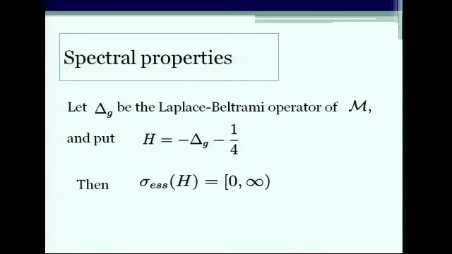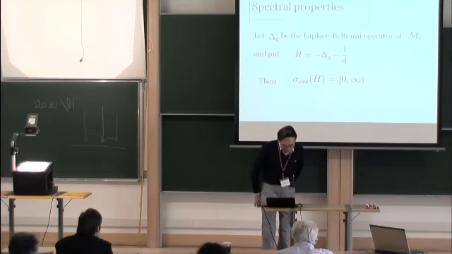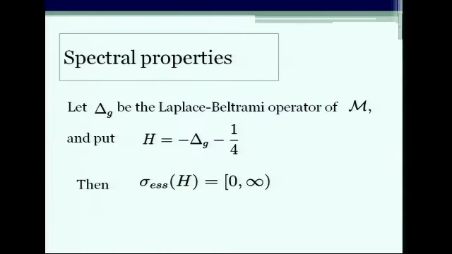And you can deal with it just like the usual smooth Riemannian manifold. You can define the Laplace-Beltrami operator and its self-adjoint extension. And by subtracting 1/4 from this Laplace-Beltrami operator, the essential spectrum is [0,∞).